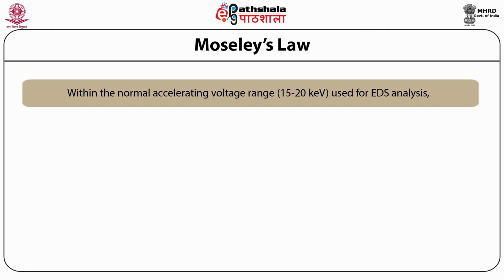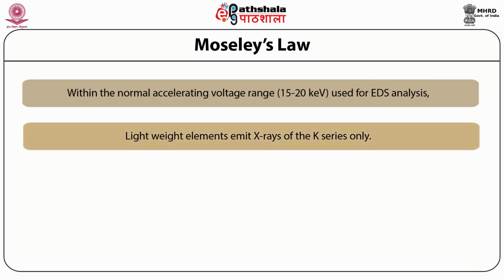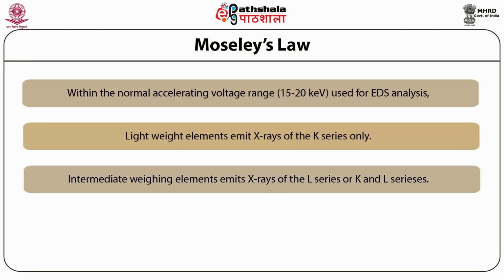Within the normal accelerating voltage range from 15 to 20 kiloelectron volt used for EDS analysis, the lightweight elements emit X-rays of the K series only. The intermediate weight elements emit X-rays of the L series or K and L series.